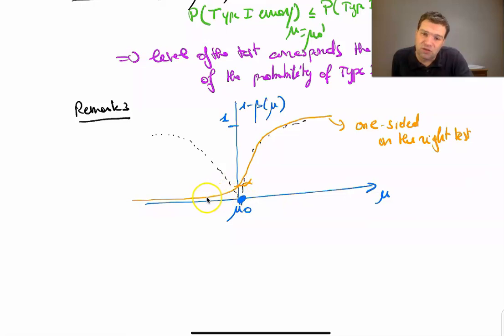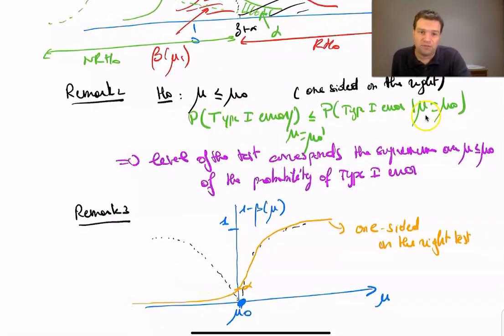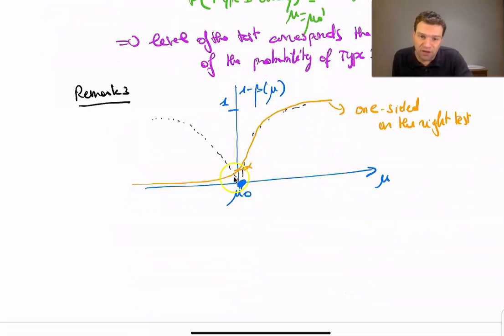In this case, we should have a probability which is smaller than alpha. Thus we should have something here. You see that, in a way, it is very small and tends to 0. That is the shape of a power function in the case of a one-sided on the right test.